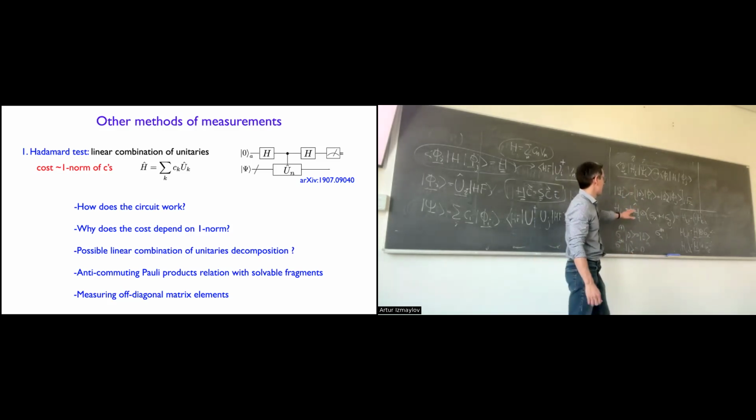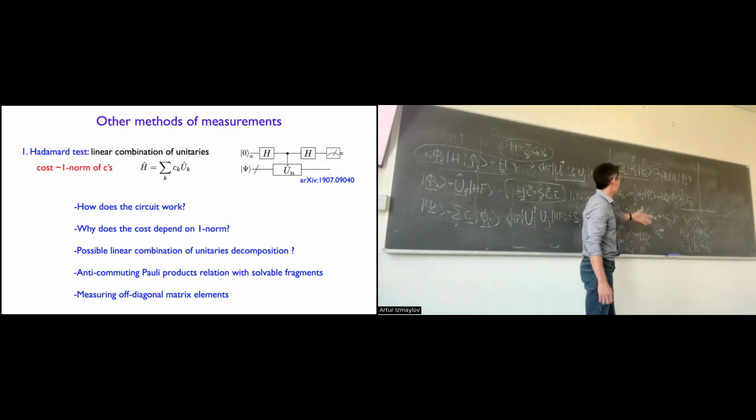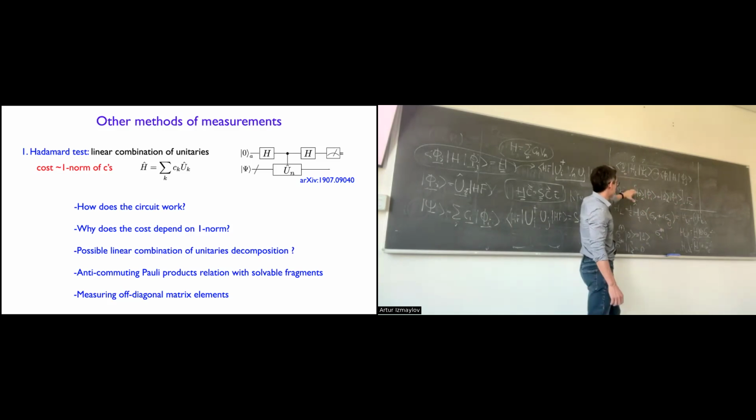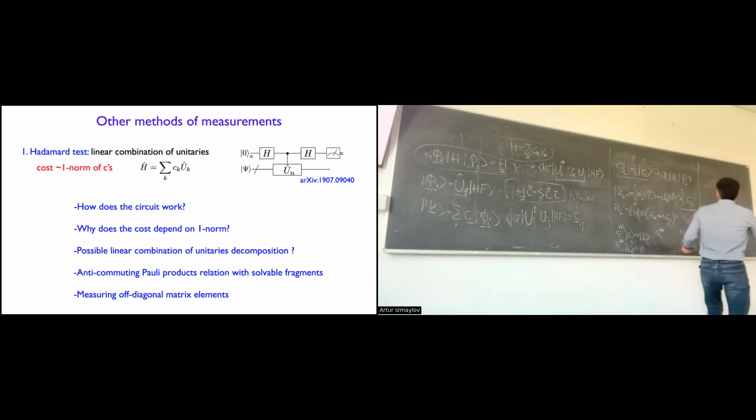And so when sigma plus is acting on this superposition, it just leaves this part, right? And the bra part is the whole thing, so it's 0 with phi I plus 1 with phi J, right?